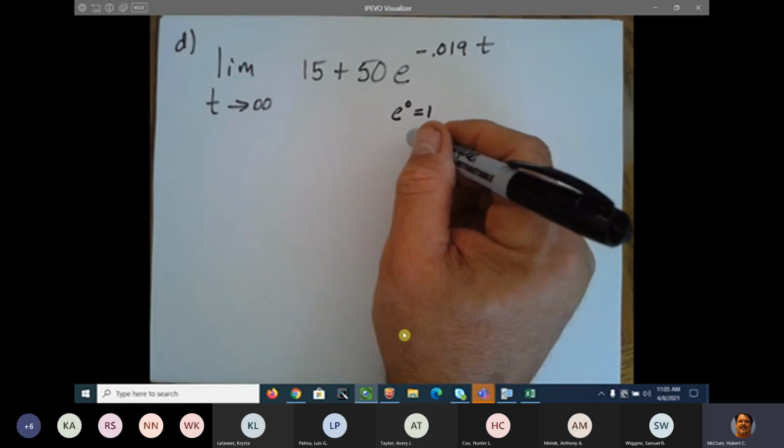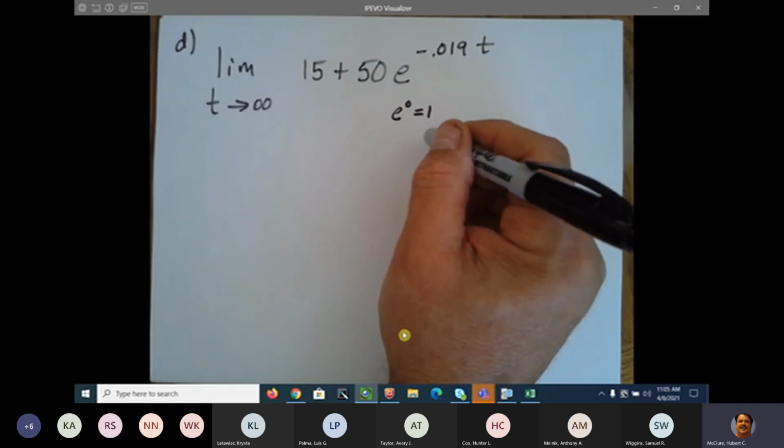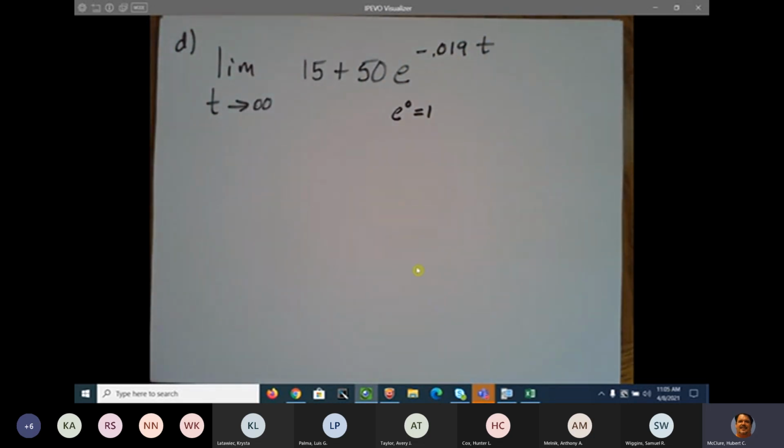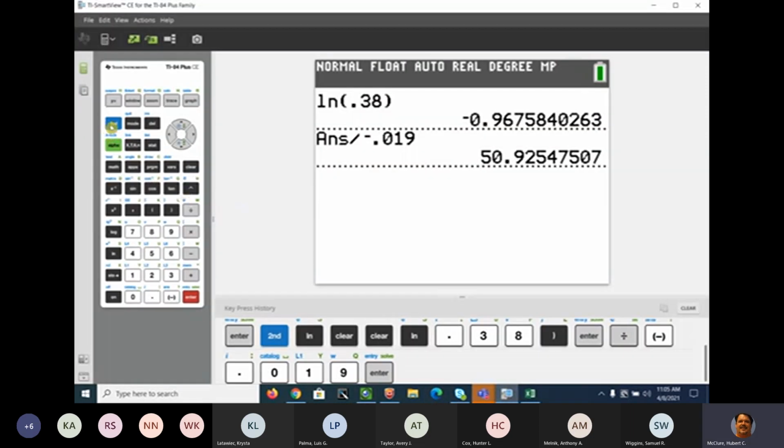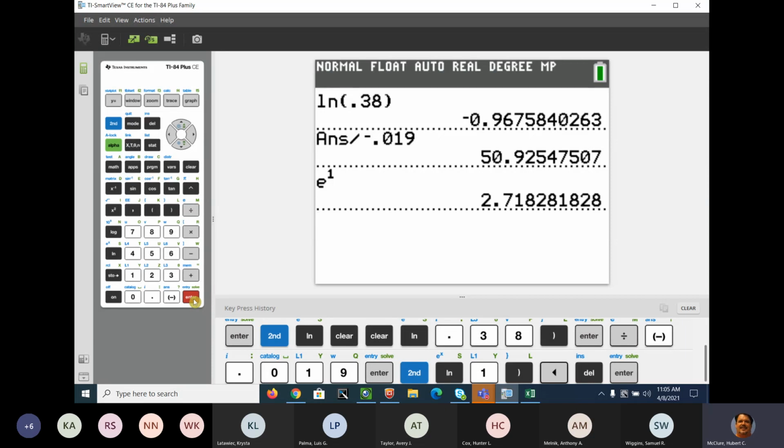And e to the 1, e to the 2, e to the 3. So let's look at e to the first power. E to the 1 is equal to 2.7.